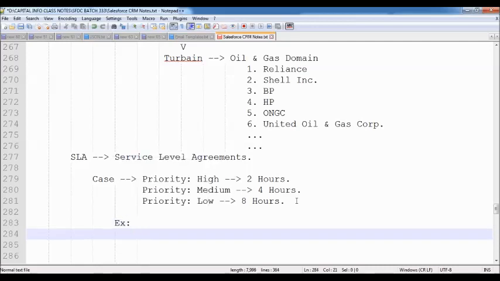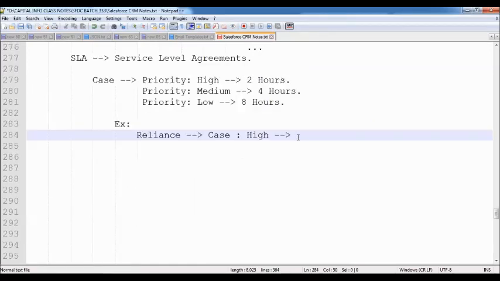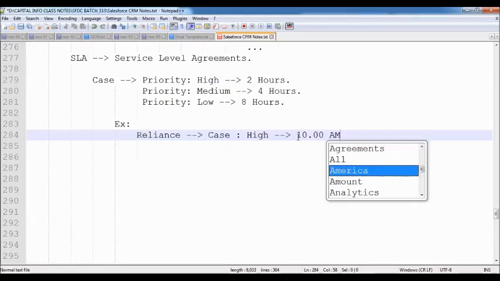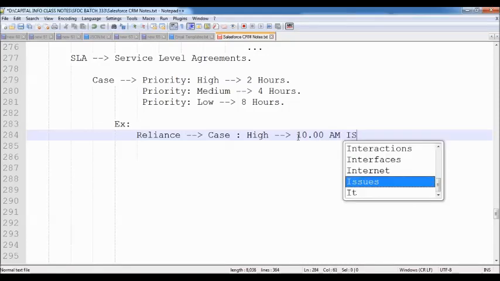Assume that today Reliance people are facing a problem with the product, so they have raised a case. What is the priority? High priority. They have raised a complaint with high priority in the morning, at 10 a.m. IST.